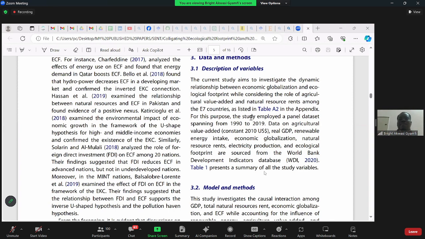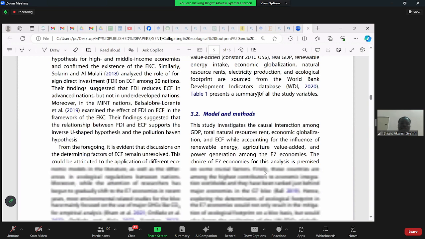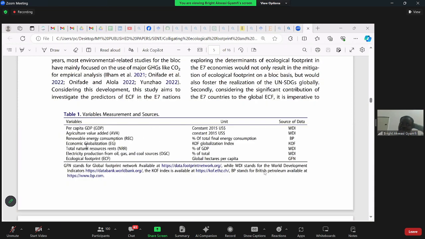Then you come to the methodology. What kind of method? So this is how the data is being obtained. GDP is taken from the WDI, World Bank. Aggregate value added is taken from the World Bank. Renewable energy is taken from British Petroleum. Economic globalization is taken from the Swiss KOF index, which is an individual's data, and this is the link.